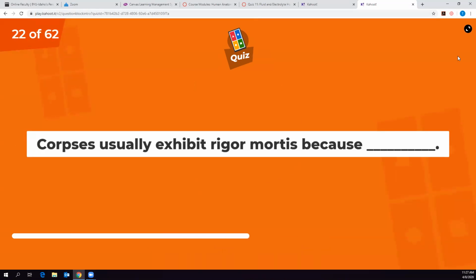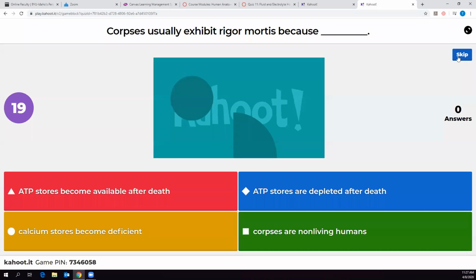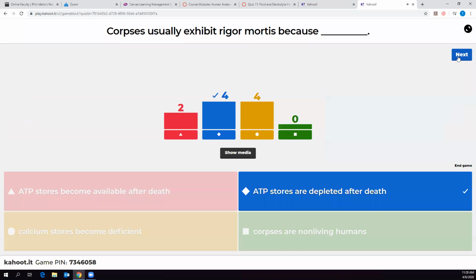All right, corpses usually exhibit rigor mortis, so that's a cramp in a dead person. It's not because the calcium isn't there, it's because the ATP isn't there.